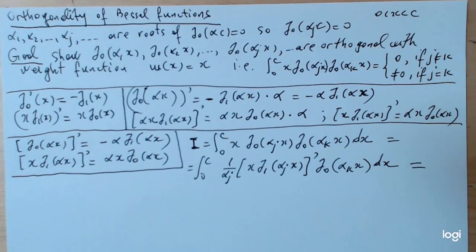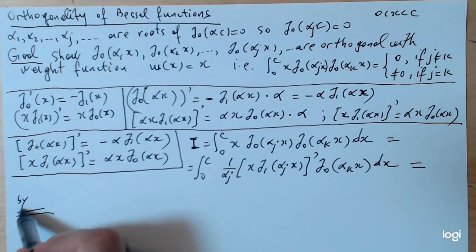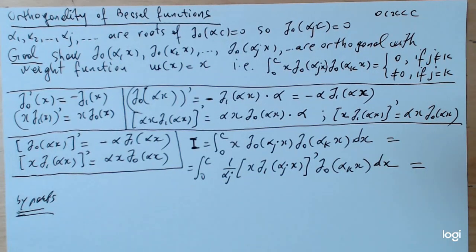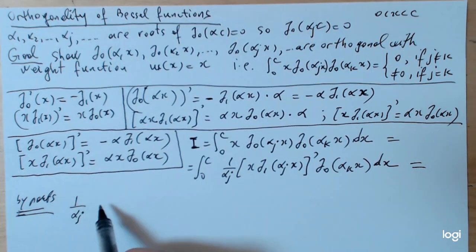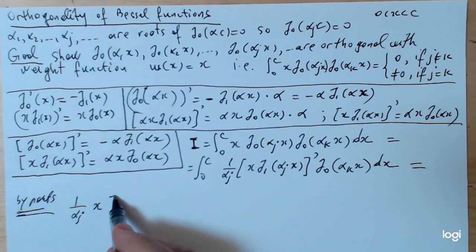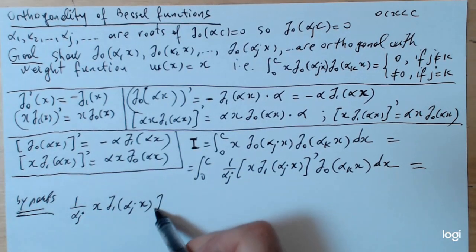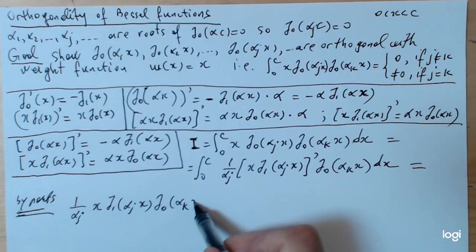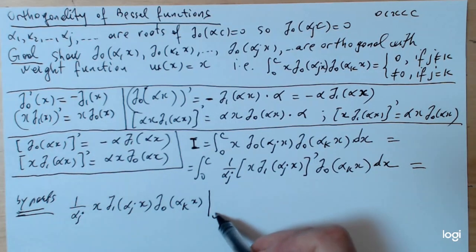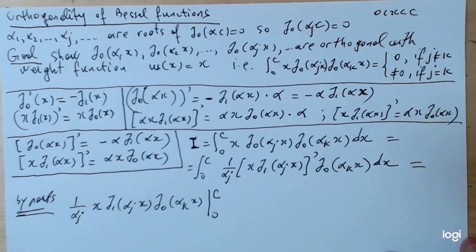Okay, so carefully continue now with integration by parts. Integration by parts gives us 1 over alpha_j x J1 of alpha_j x J0 of alpha_k x evaluated between 0 and c.